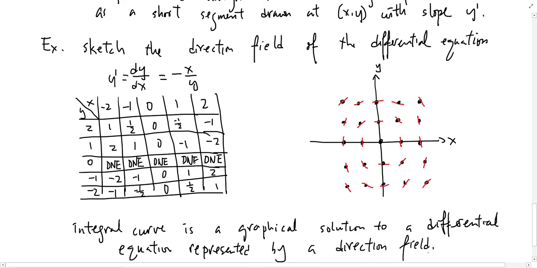So basically, what that means is the following. If you think about it, all these short line segments actually represent what we call the tangent line. So if you look at the tangent lines, you can see how the graph looks. As a matter of fact, this particular slope field or direction field actually gives you a solution that looks like this.